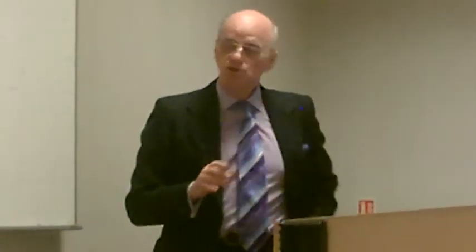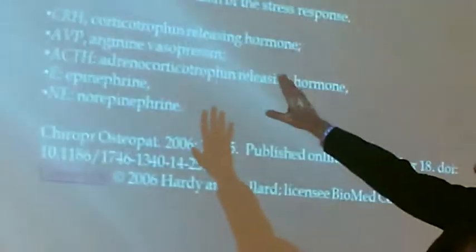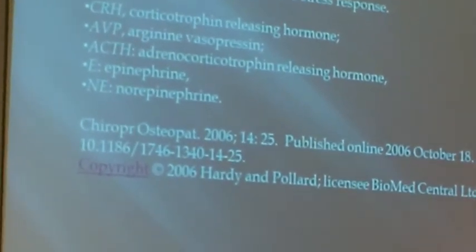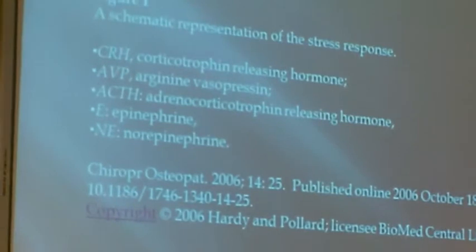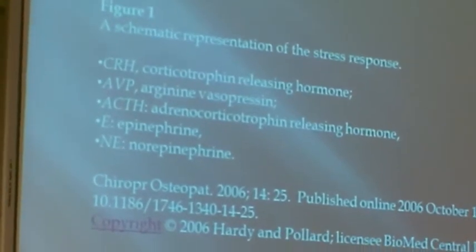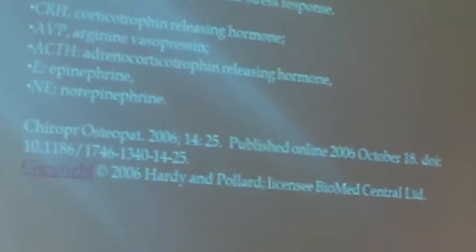For those of you who are interested, these are the hormones that are released during the stress response. And those of you who have a medical bent, then these will be of interest to you. But we don't really need to fully understand all this.